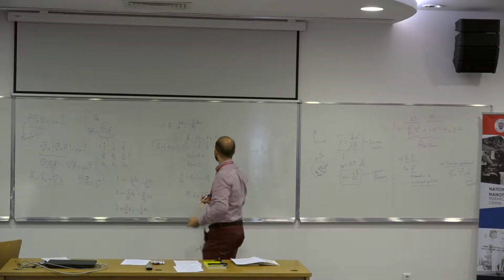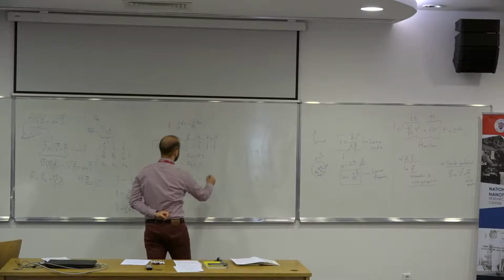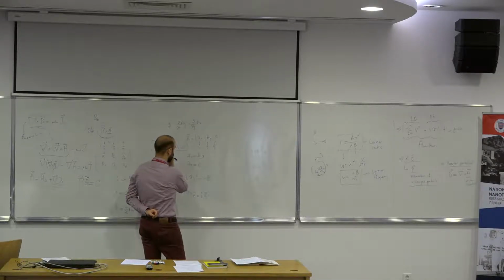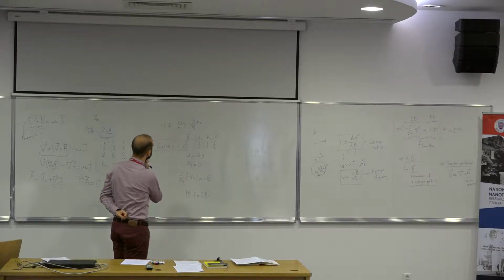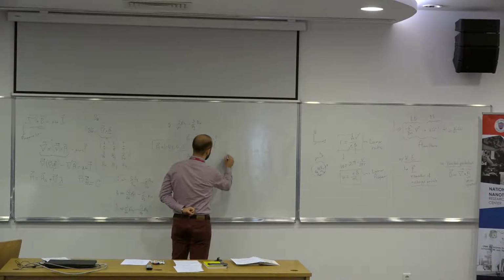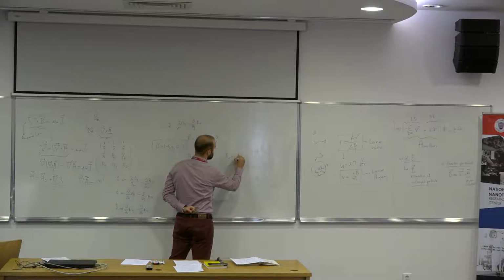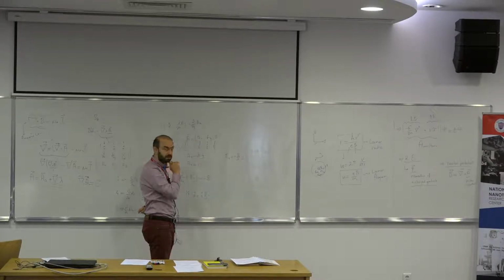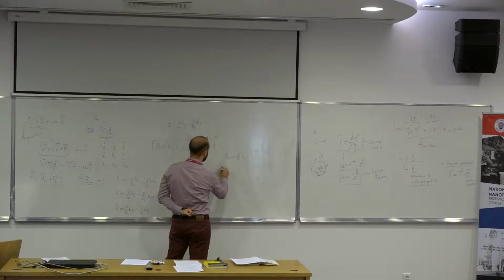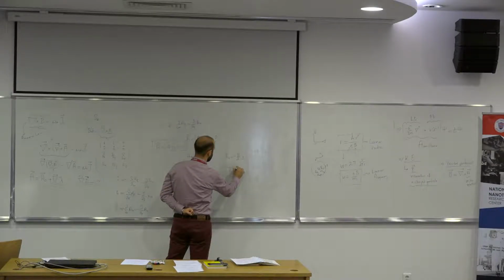For instance, what I can do is write down AX to be minus B half Y, and my AY to be B half X.